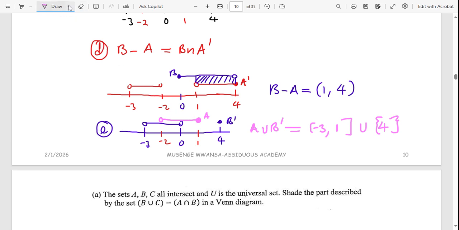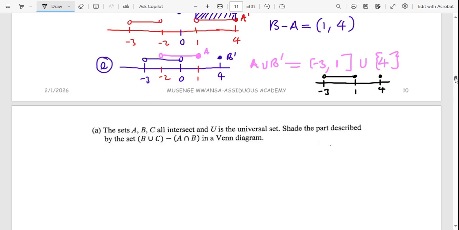If they ask you to also write the answer on a number line, this one on a number line is actually like this. When you combine negative 3 up to 1 like this, and then you have got 4. That's it. A union B complement. That is how you work it out.